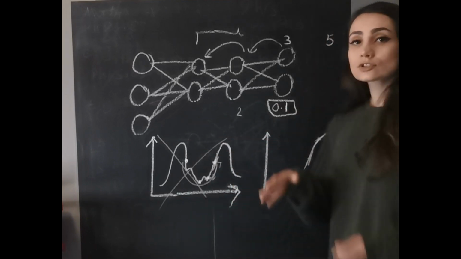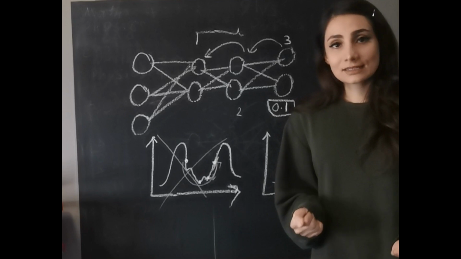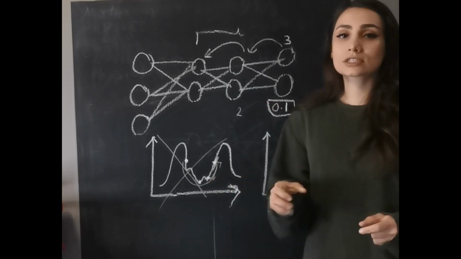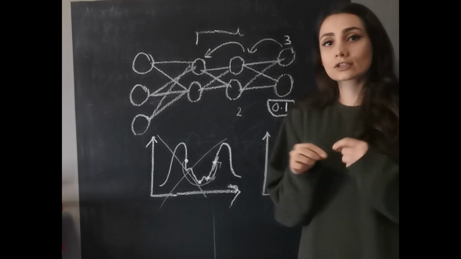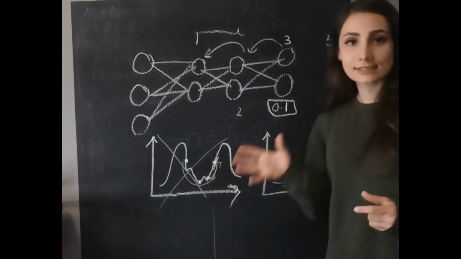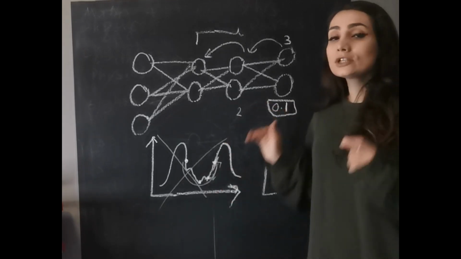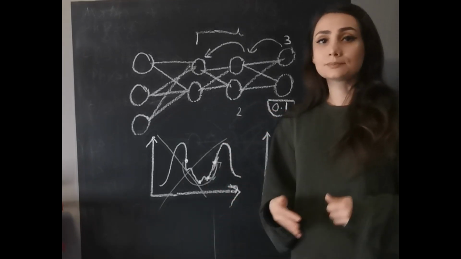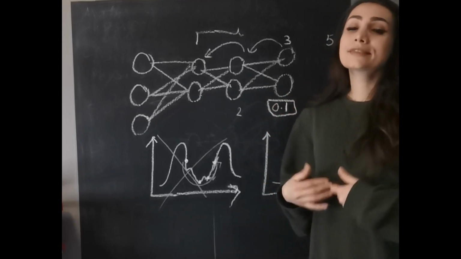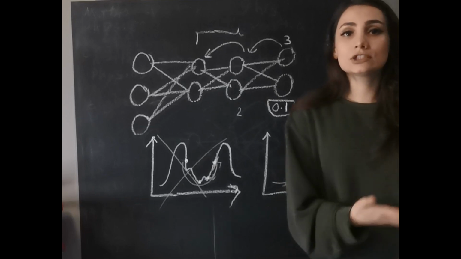But keep in mind, a vanishing gradient is different from converging. When you're converging, there's not that much learning happening because your loss is small. When your loss is small, that means your network is making fewer mistakes, so you don't need to learn anymore.